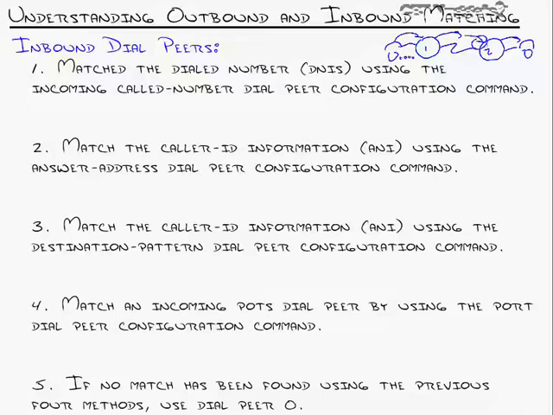So the first thing it does is it tries to match the dialed number, or DNIS. That's dialed number information. DNIS information to what's known as the incoming called number dial peer configuration command. So if you've got extension 1000 over here and extension 2000 over here, the number that he dials, when he dials 2000, that is considered DNIS, or dialed number information.